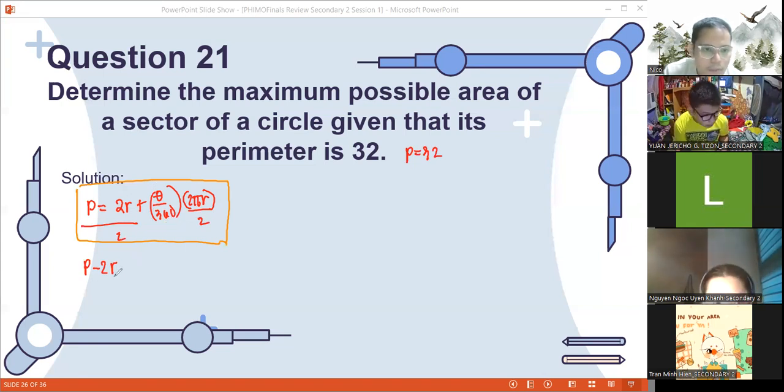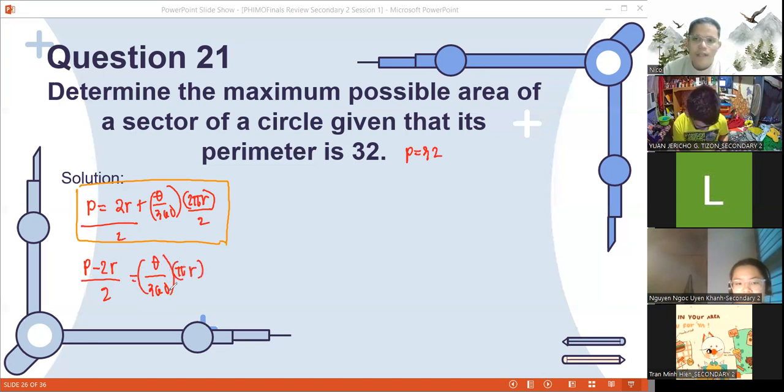It becomes P minus 2r over 2 equal to theta over 360 times pi r. And the area is equal to theta over 360 times pi r squared, right?